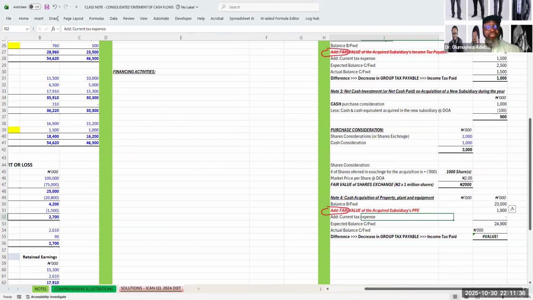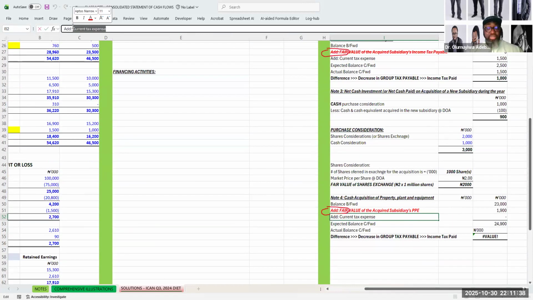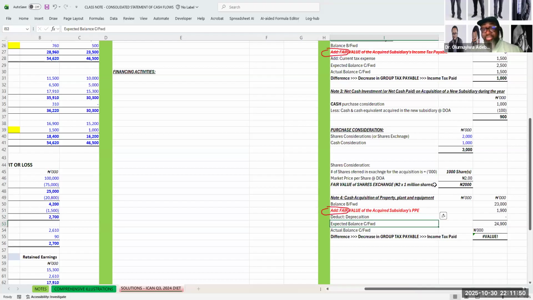Now, during the year, was there depreciation? If there's depreciation, we'll have deducted depreciation. If there's also impairment, we'll have deducted impairment.